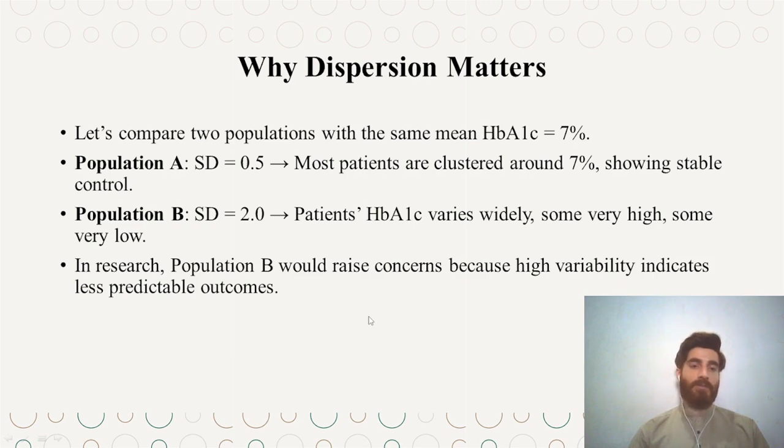Now in population B, the standard deviation is 2.0. Then here the HbA1c will vary widely, from 5% to 9%, and in the first population it will vary from 6.5% to 7.5%.